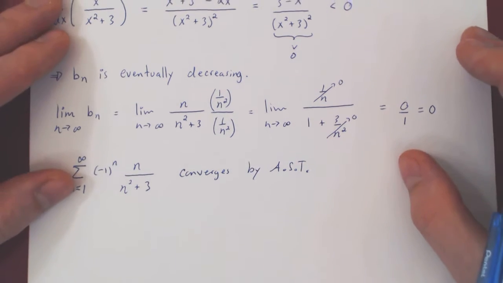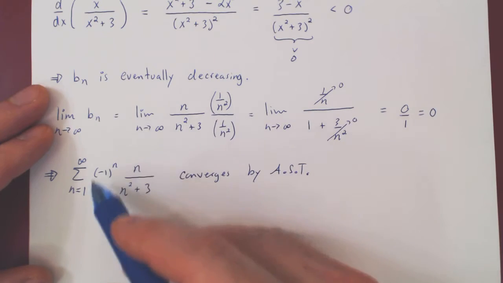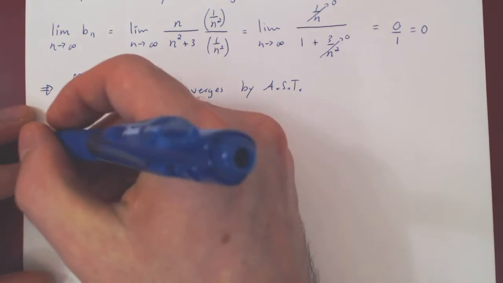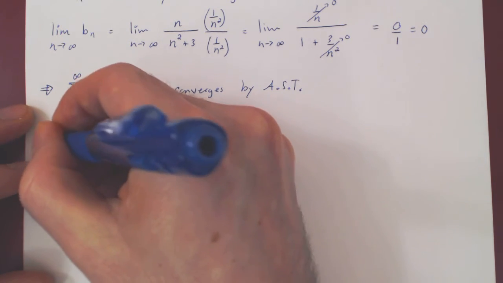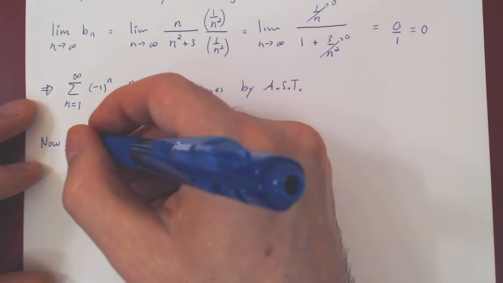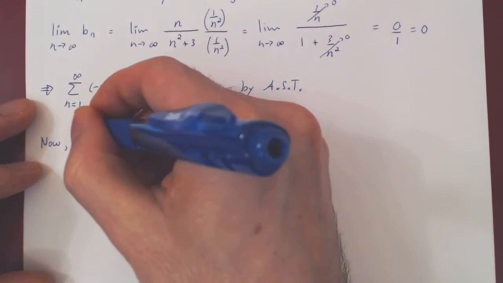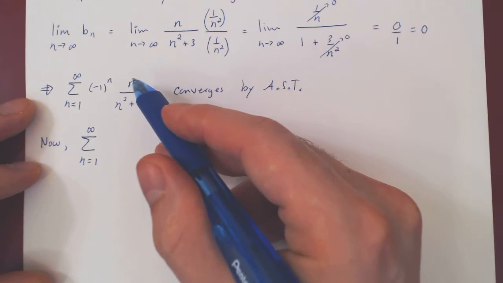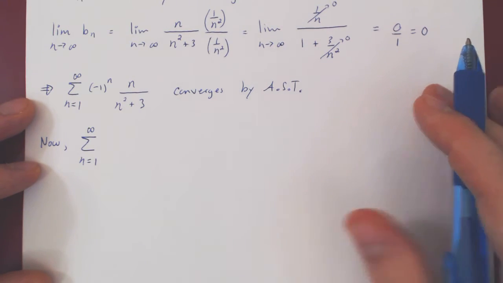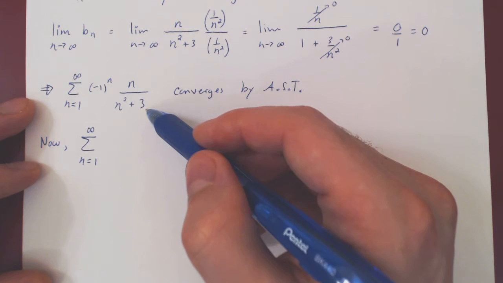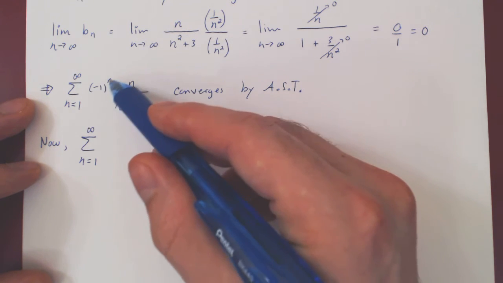Okay, so we have convergence. Now what about the series of the terms in absolute value? Well, as n over n squared plus 3 is always positive when n is positive, all that's going to happen is we'll lose the (-1)^n.